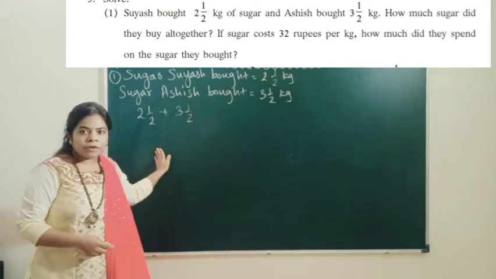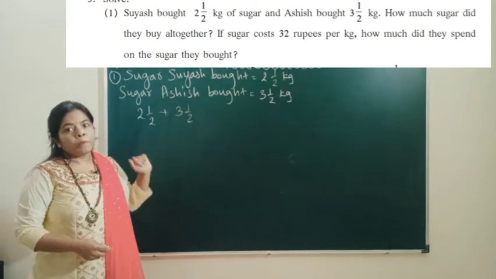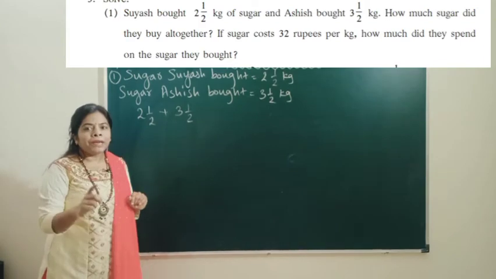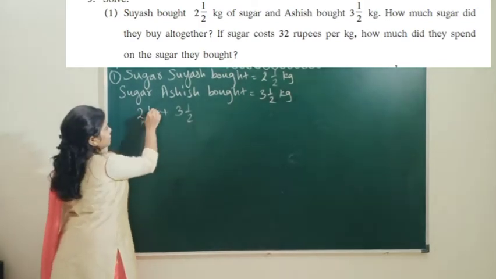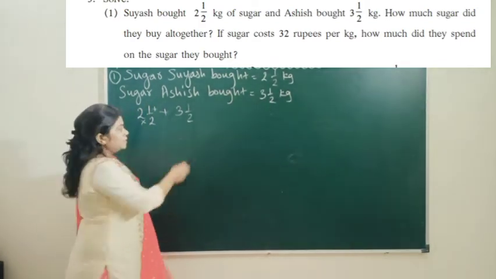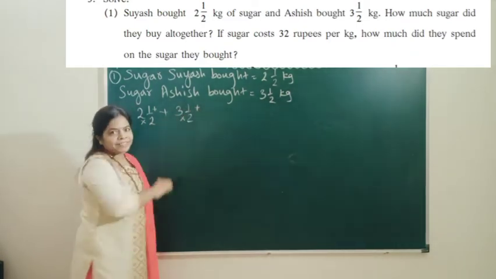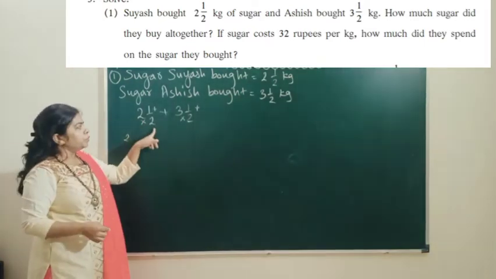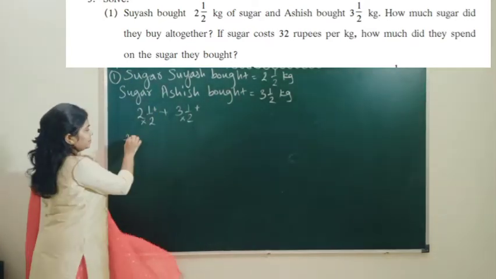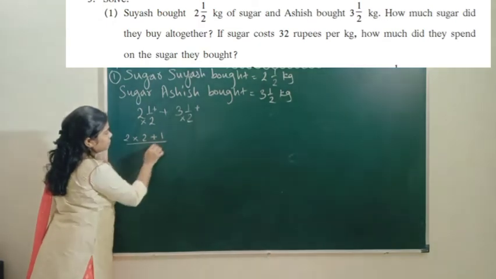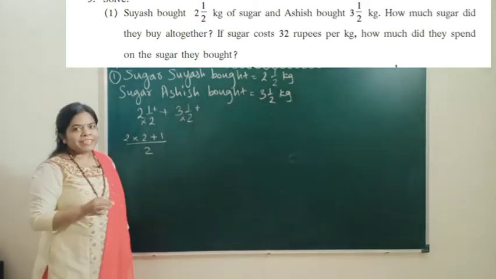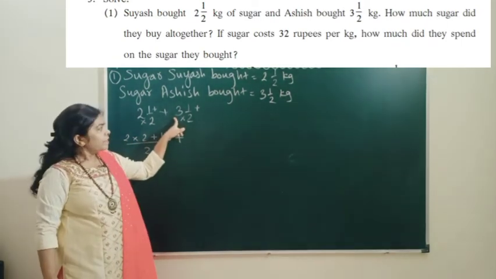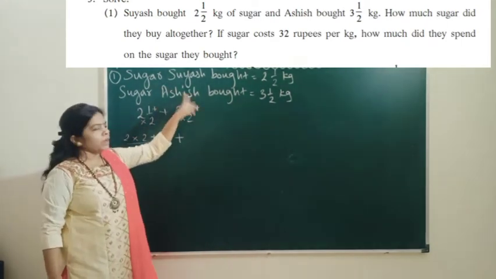Now let us convert these mixed fractions into improper fractions and then we will add them. Same rule, into and plus. 2 into 2 plus 1. Denominator remains the same, plus 3 into 2 plus 1.